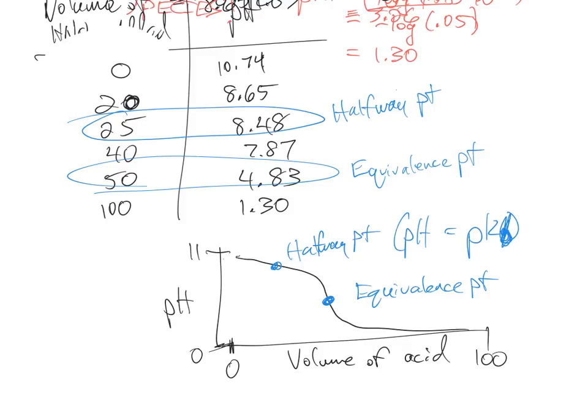And then in the other points of the graph, when 0 milliliters of acid is added, that's just this weak base solution itself. At 20 milliliters of acid added, that's approaching the halfway point, well into the buffer zone where the pH changes are minimized, where you have at least some weak base and its conjugate acid.